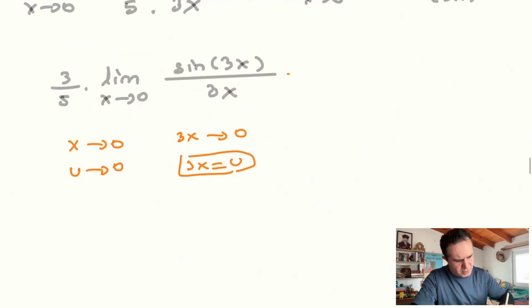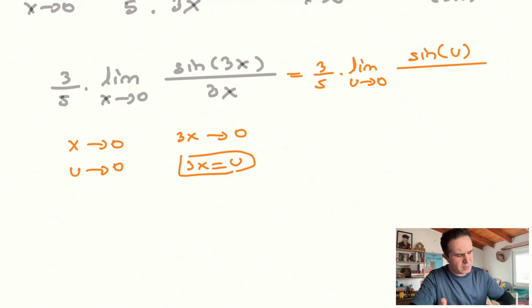Then for this problem, I will write 3 over 5 times the limit. Now, since x approaches 0, I can say that u approaches 0 here. And since 3x is equal to u, sine 3x divided by 3x becomes sine of u divided by u.